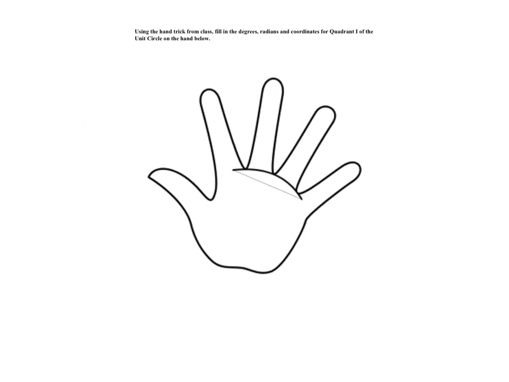Now on the back side, you don't have to fill in everything, but you should at least do degrees and radians of your hand here, where this is 0 and this is 90, and fill it in from there. But you should still do everything from there.